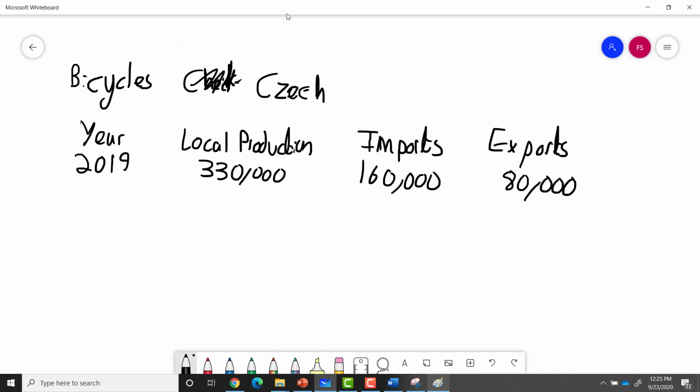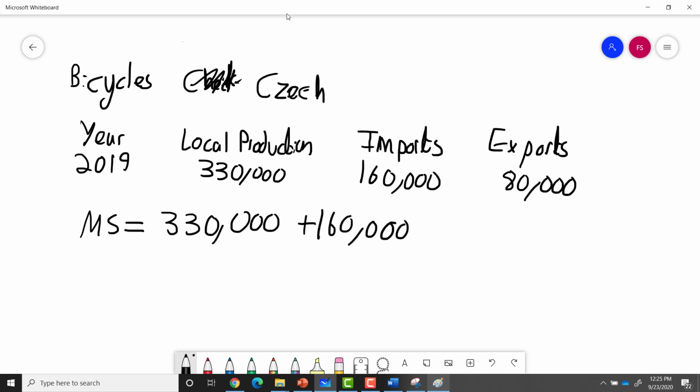And so what we're going to do is work out the market size. That's going to be the local production plus imports. So this is actually by far the easiest one, minus the exports, which is going to be 410,000.